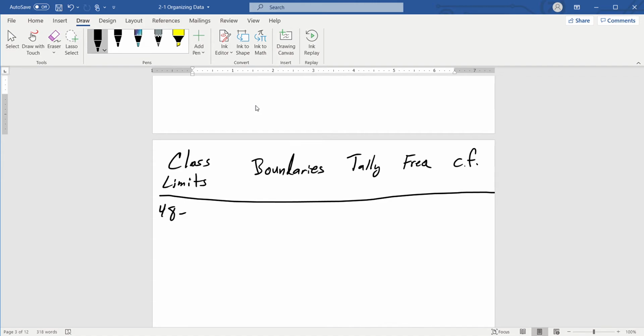So get out your fingers and put one finger down, and that's 48. Another finger down, 49. Keep going until you get to the 7th finger. So you have 48 for 1, 49, 50, 51, 52, 53, and then 54 is your 7th.